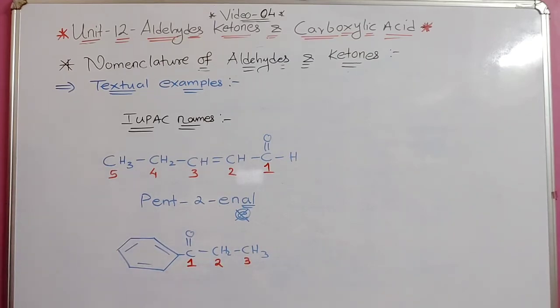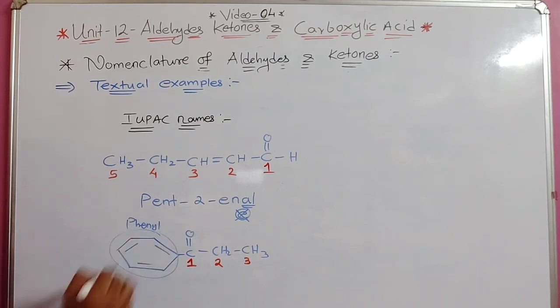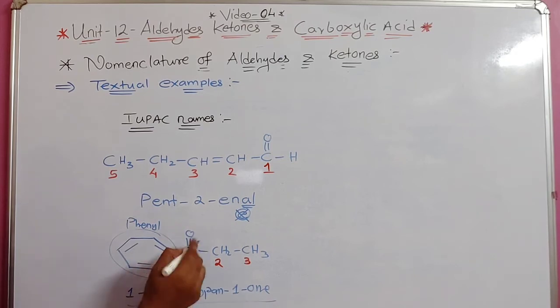So at first position, this is your phenyl group. Which group is it? Phenyl. So we can write here 1-phenyl. Here 3 carbons means propane. Propan-1-one, because at the first position this functional group is there. So this is the naming of this.